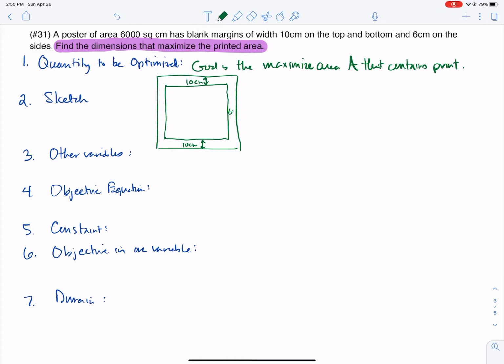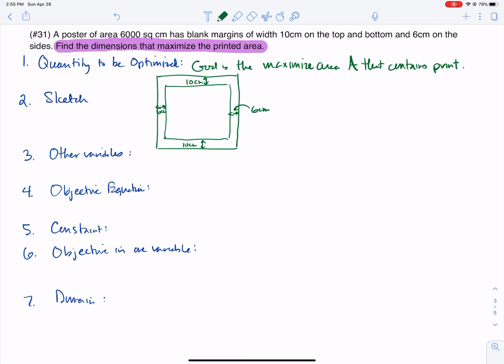And then I've got 6 centimeters side to side. So we want to keep that in mind. Let me make those 6s a little bit bigger. And so I've got my goal. I want to try to maximize A. I've got a passable sketch.